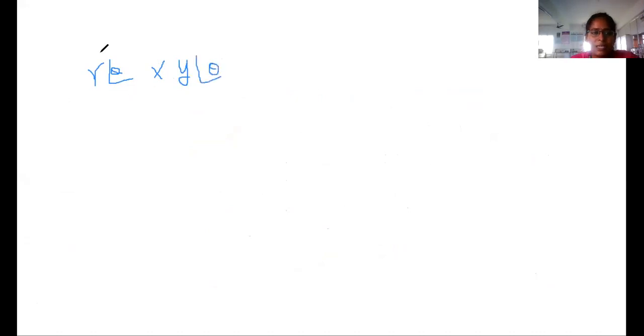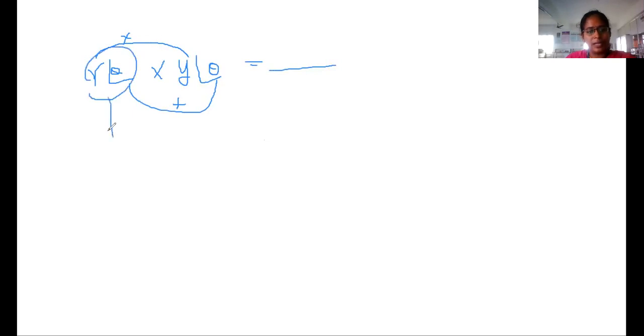This can be multiplied by multiplying the magnitudes and adding the angles, and we get the value. This is one method.